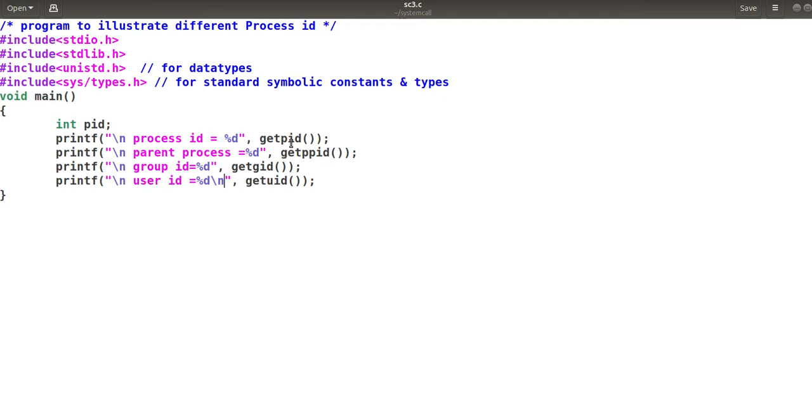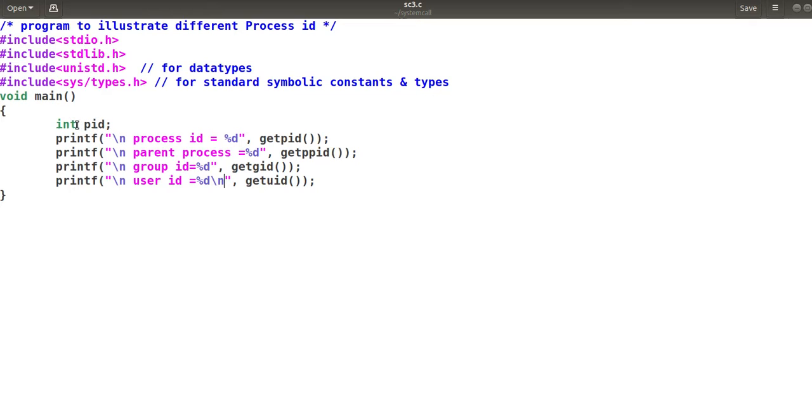And to know these ID numbers generated dynamically by our system, we are going to call them with these functions by writing a small C program. As we all know, void main marks the start of the program, followed by the end of the program. Inside this is my body where the parameters are initialized as well as executed.